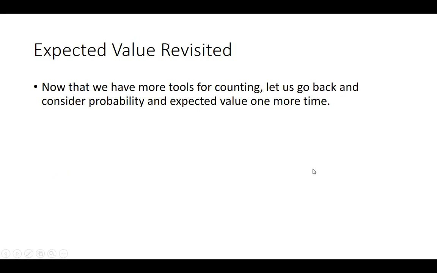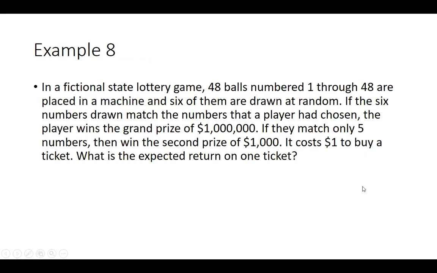Now that we have more tools for counting, let's go back and consider probability and expected value one more time. Example 8. In a fictional state lottery game, 48 balls numbered 1 through 48 are placed in a machine, and 6 of them are drawn at random.